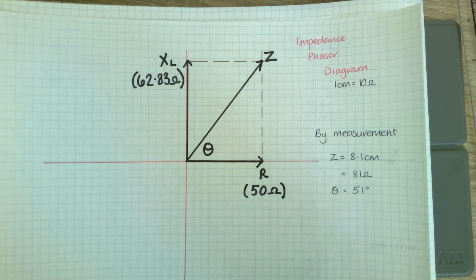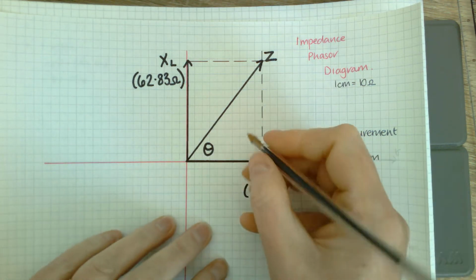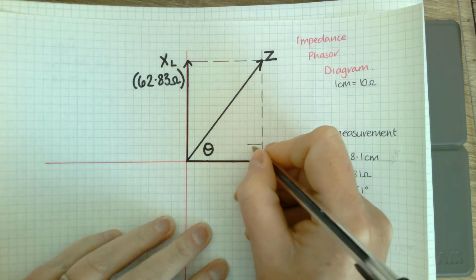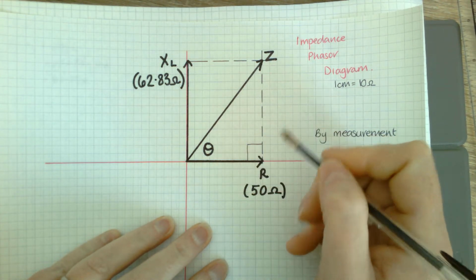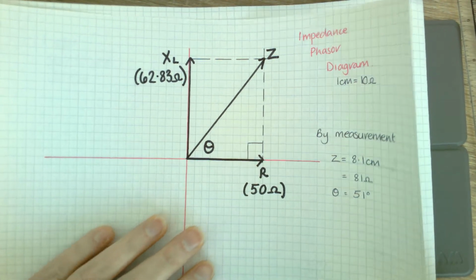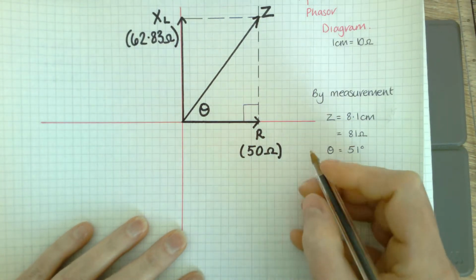Now I'm going to look at what this would be by calculation. So you can see from the values here that this is a right-angled Pythagoras triangle. So the square of the hypotenuse would be equal to the sum of the squares of the two sides. I'll do it down here by calculation, and then you can see both.